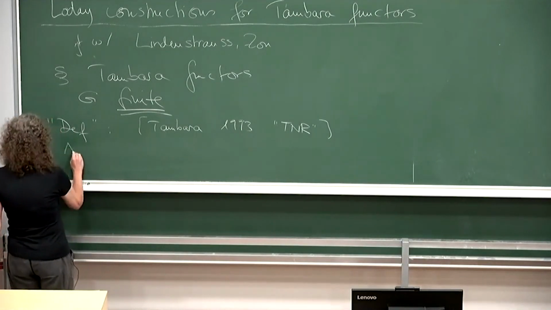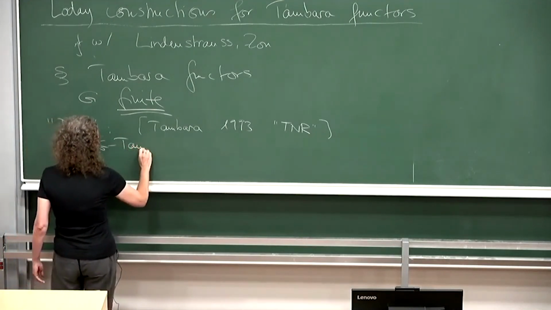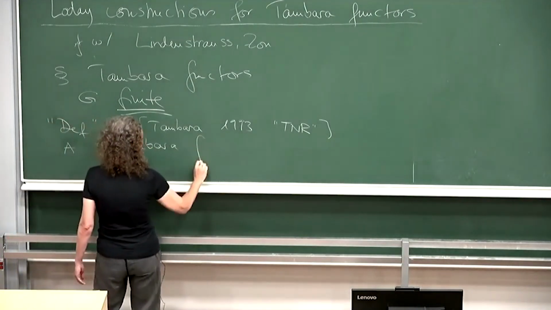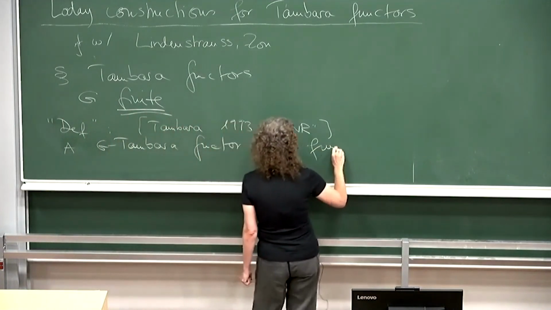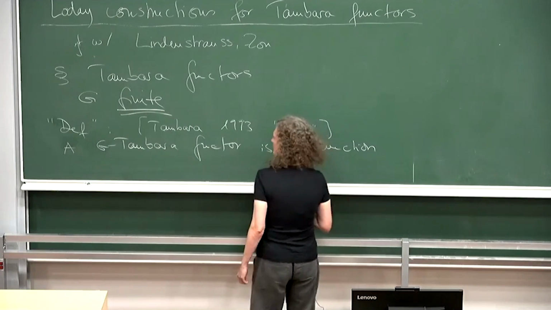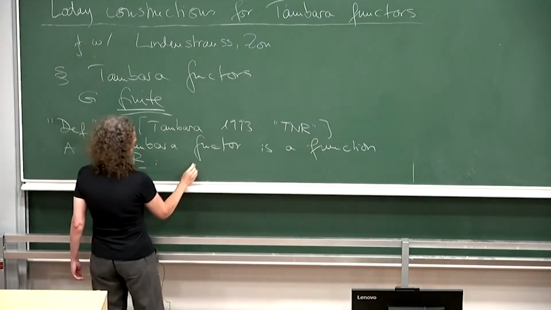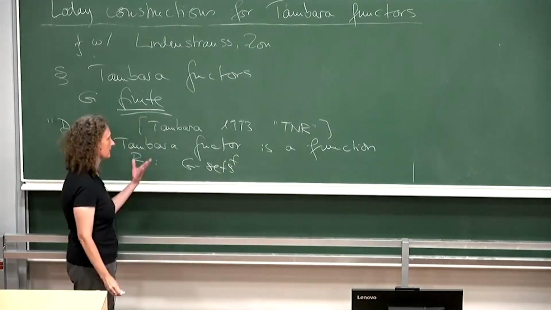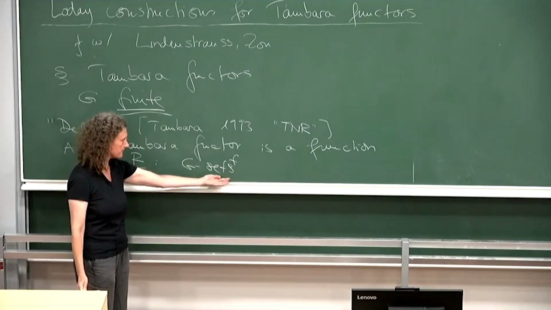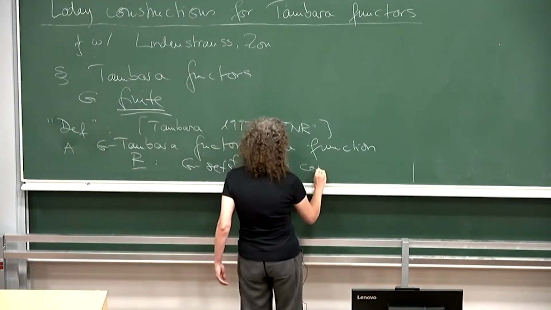So a Tambara functor, or a G-Tambara functor, is a functor, say underline R for ring, from the category of finite G sets (I call it like this: finite sets with a G action) to commutative rings.